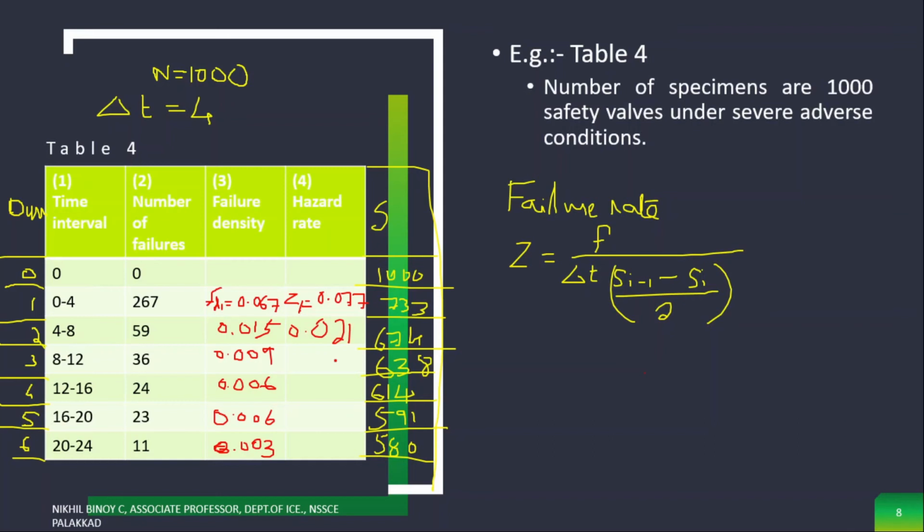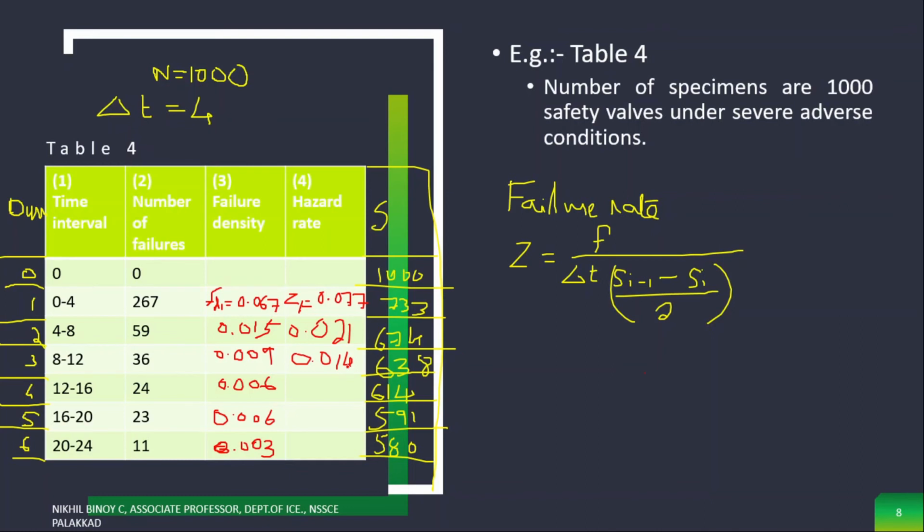So that is equal to 0.014 after rounding. That one is the hazard rate after the third duration.